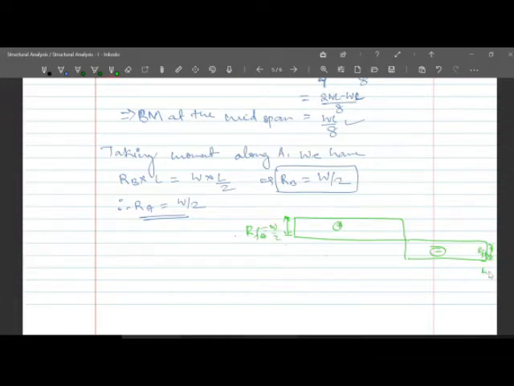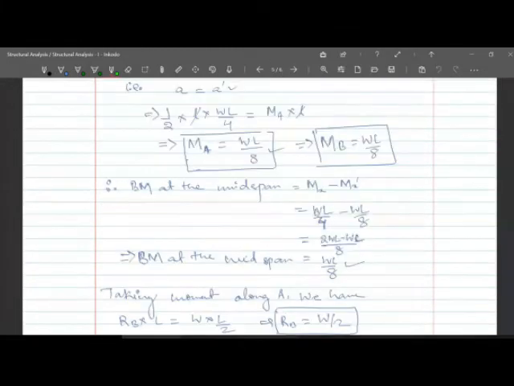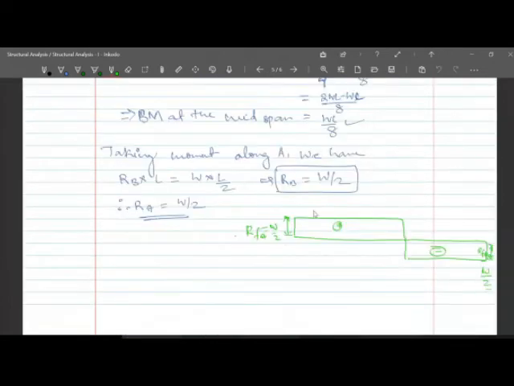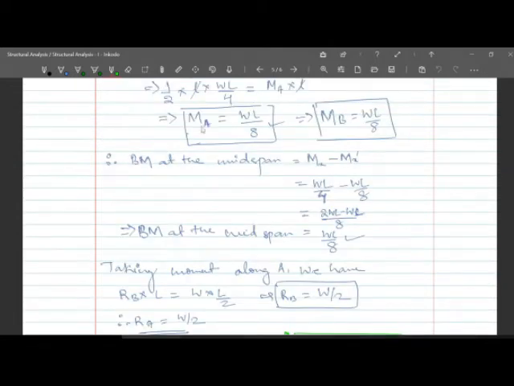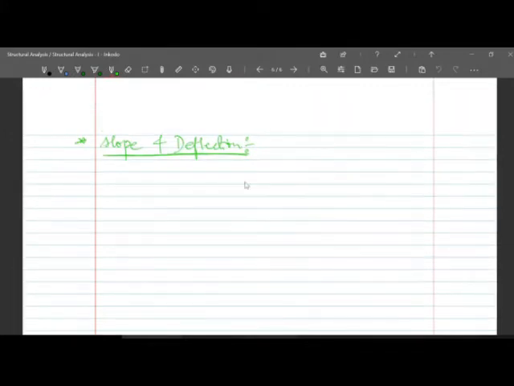This is also W by 2. Right? Okay, is that it, or anything else you want to ask? No, sir, that only. Okay, so let's go to the next part, that is the slope and deflection.